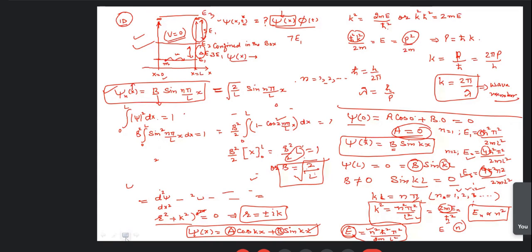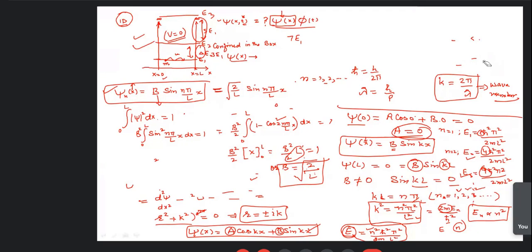So we can plot this wave function. You can write psi1, the wave function associated with the particle when it is in the lower energy state, the first energy state or the lowest energy state.